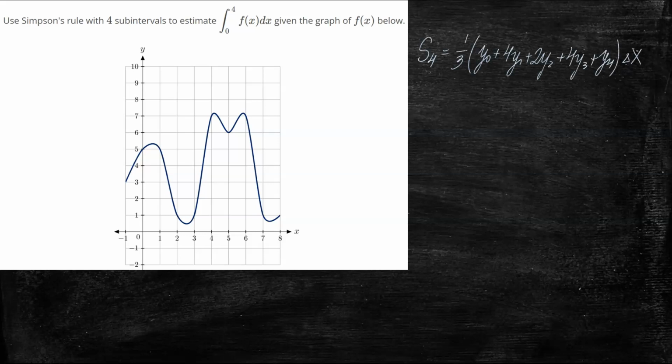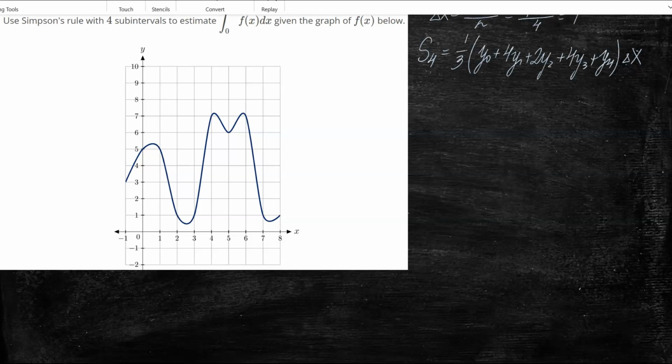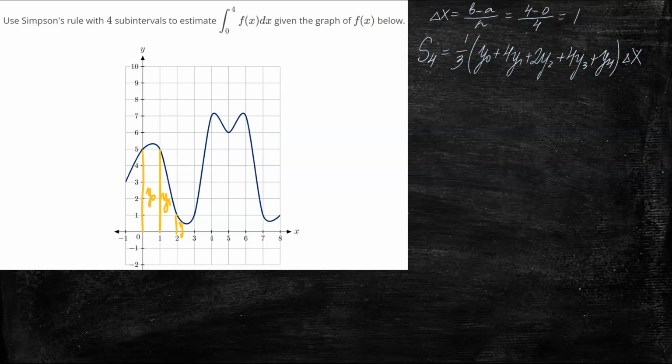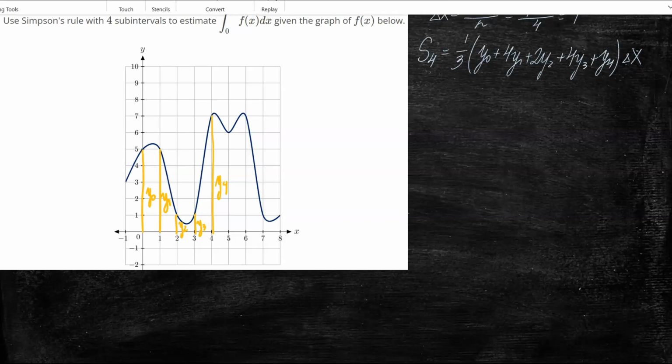In our case, delta x is b minus a over n, 4 minus 0 over 4, which is 1. And let's find y0, y1, y2, and so on. So we start at 0. So this is my y0. This is my y1. This is my y2, y3, and y4.